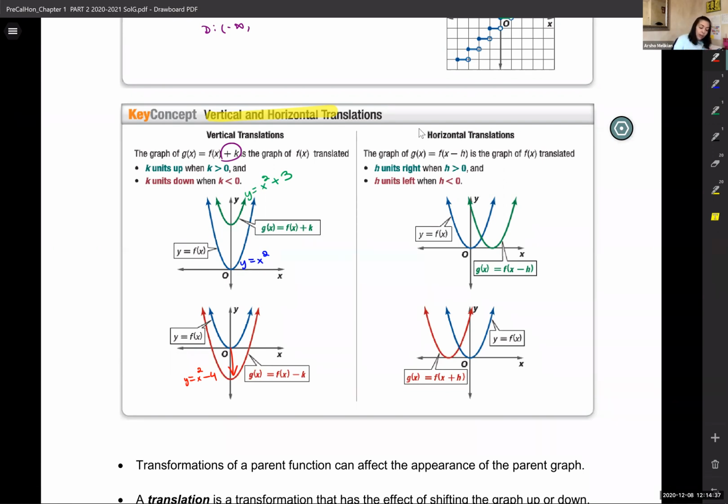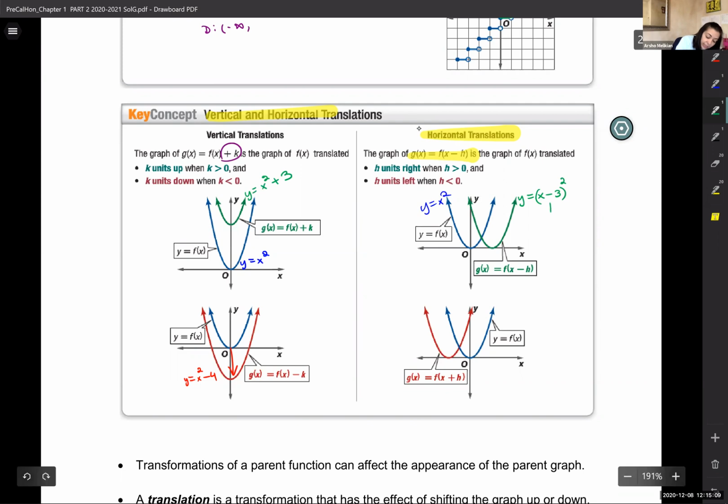Now, what about a horizontal translation? A horizontal translation looks like this, when you have a plus or minus added to the x itself inside parentheses. Again, if this is y equals x squared, then take a look at this one: y equals (x minus 3) squared.